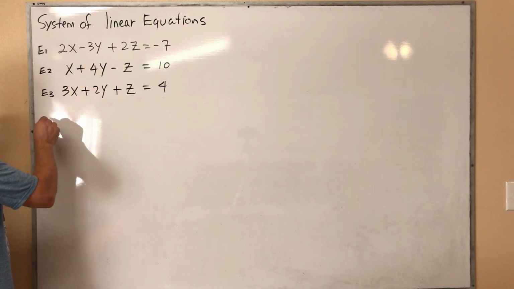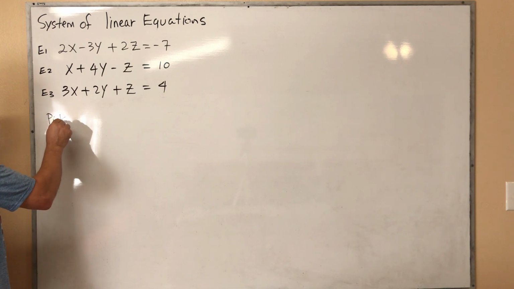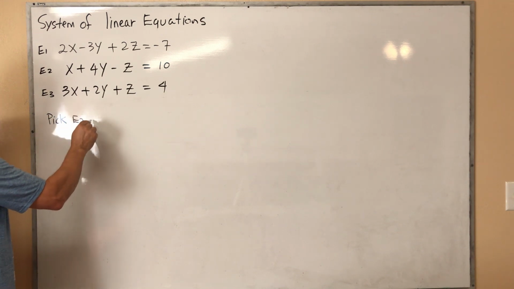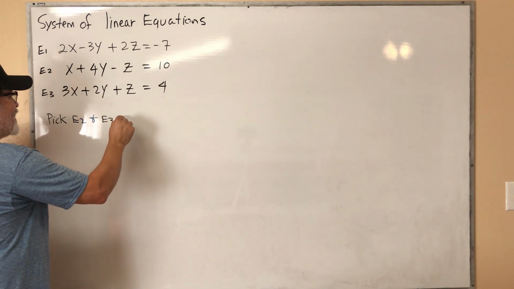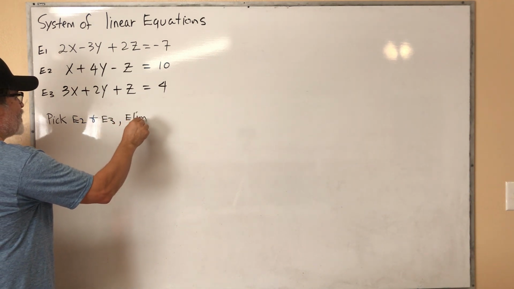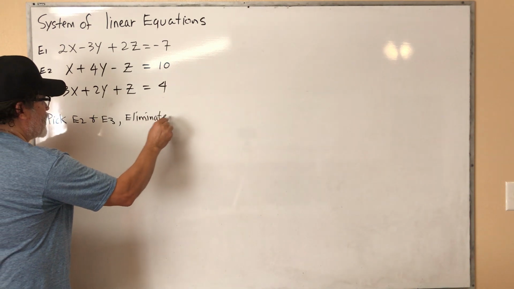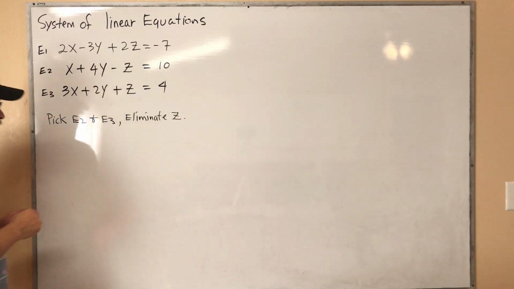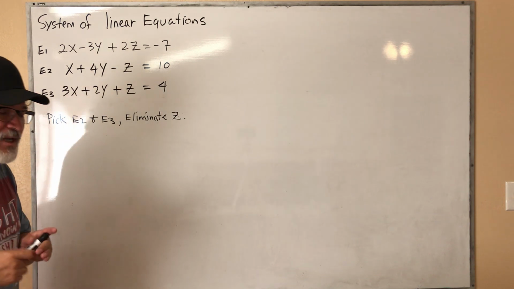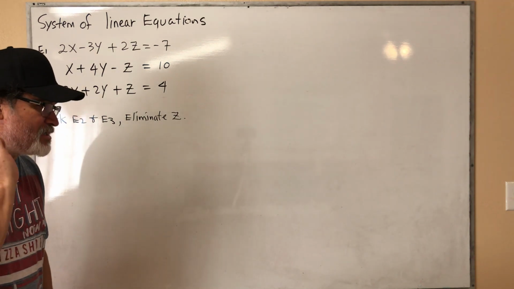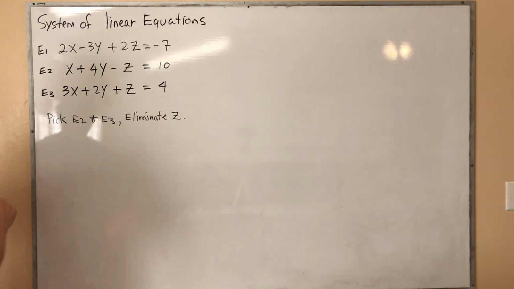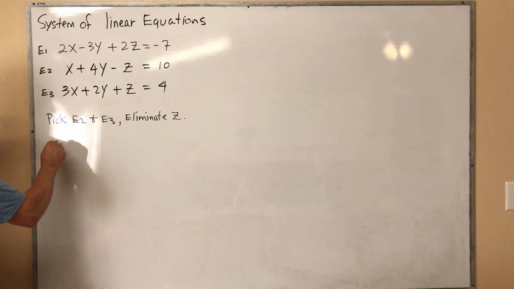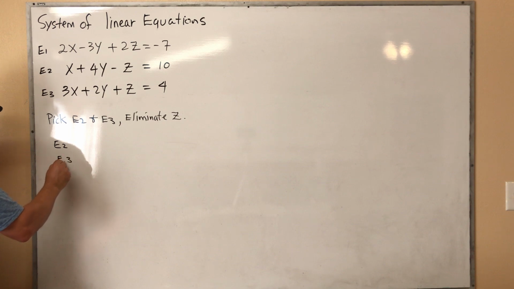So I pick equation 2 and equation 3, eliminate z. And how do you eliminate? You add both equations. Remember that.